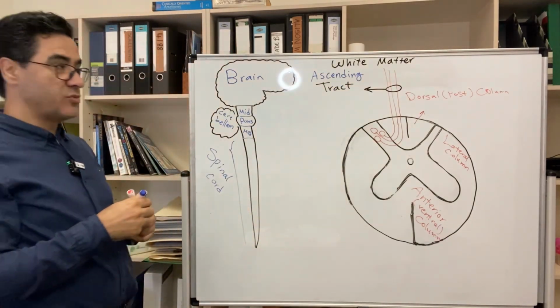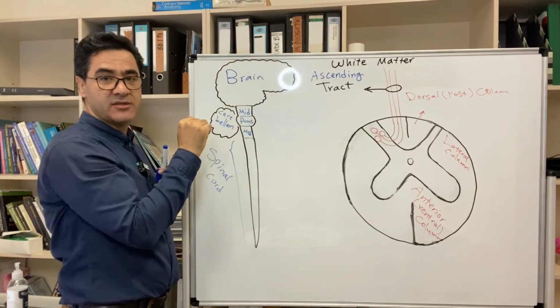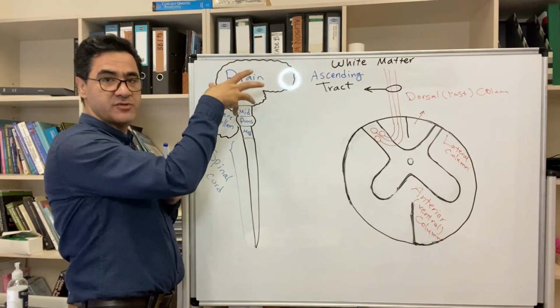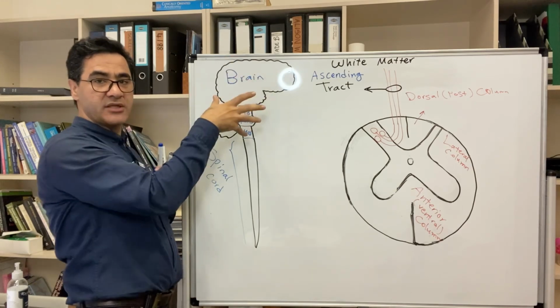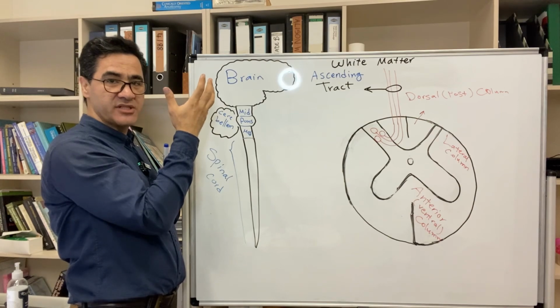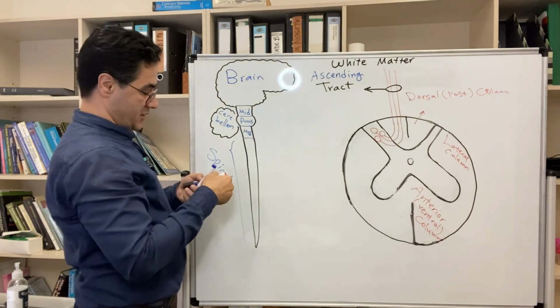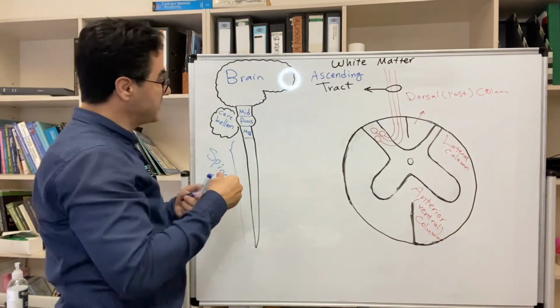What will happen when the ascending tract gets into the brain? Processing will happen in the brain, and then the brain responds to that sensory information through the descending tract. So we will have some descending tracts.